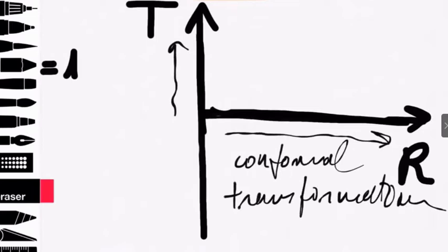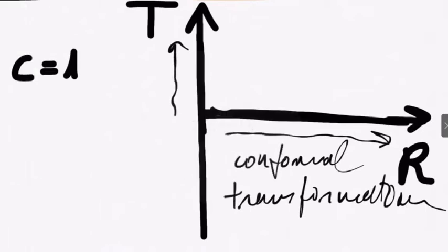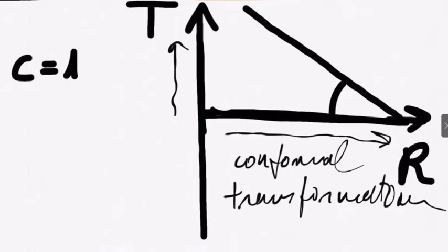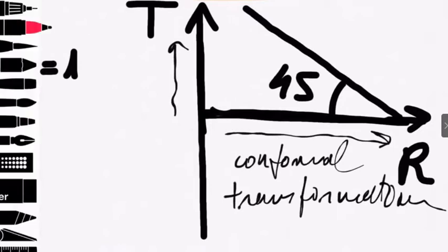R has 3 dimensions, which we call a null infinity surface, okay? And guess what? That null infinity surface is going to have a slope of 45 degrees. So this is a null infinity surface.